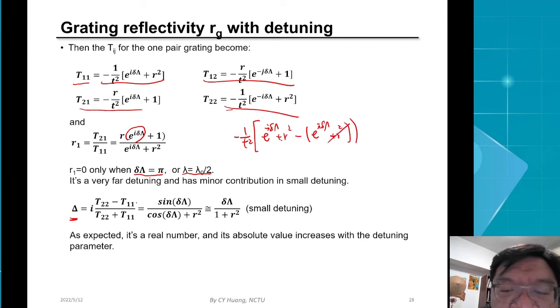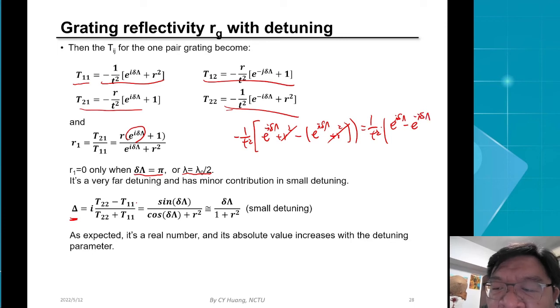The r squared terms cancel, and it becomes 1 over t squared times exponential minus i delta lambda minus exponential i delta lambda.